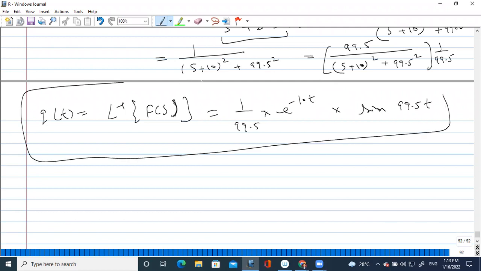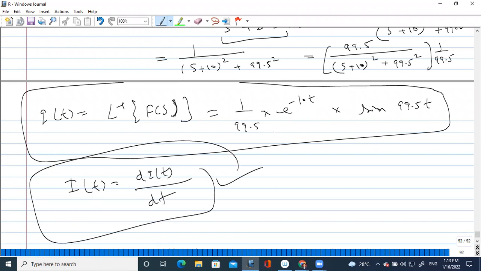So this is your qt. See, such a beautiful question. And here, if you want to find the current, that will be dq by dt. You differentiate it, you will get that. Note down this. So this is your Laplace transform.